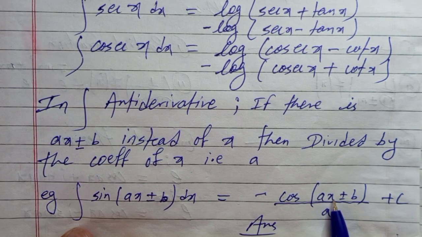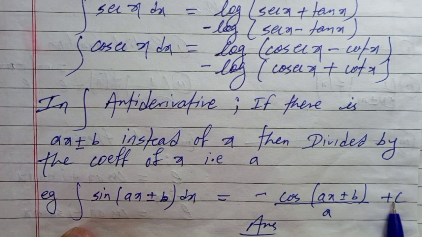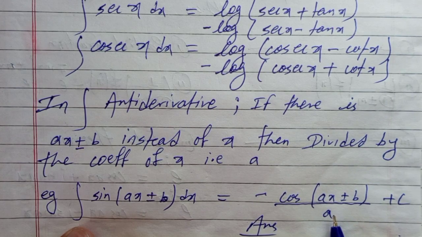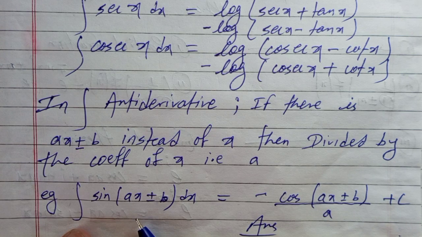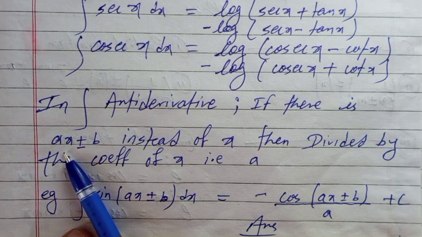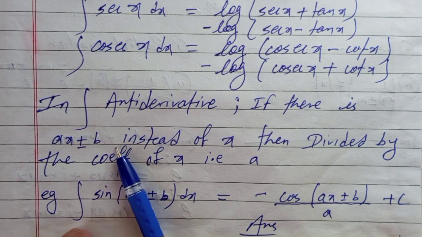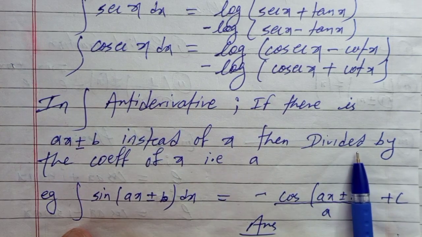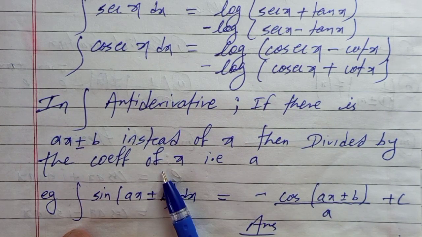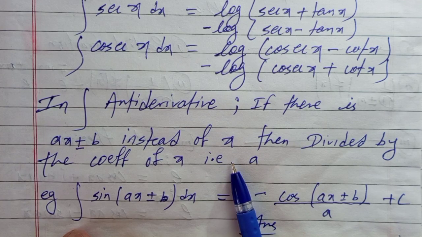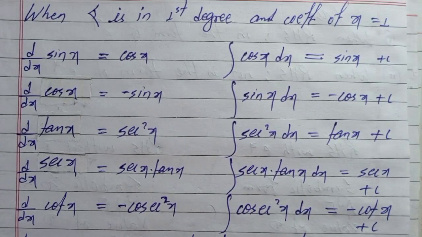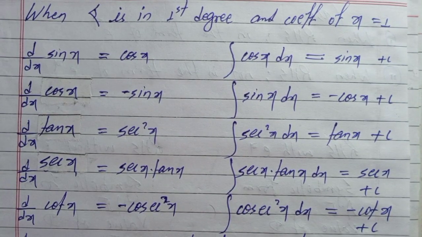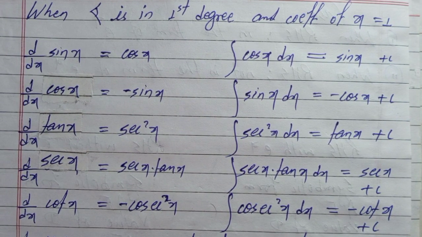But whatever coefficient of x there is, we should divide by that coefficient of x, which is a. So you have to focus that if there is x plus or minus b instead of x, then we have to divide by the coefficient of x, that is a. So just these are some formulas which we are going to need in coming topics.